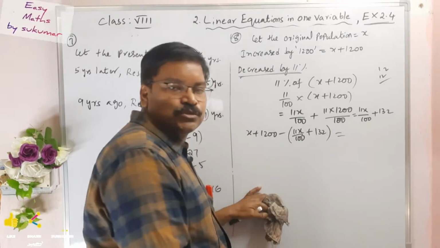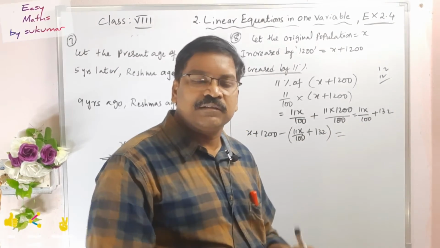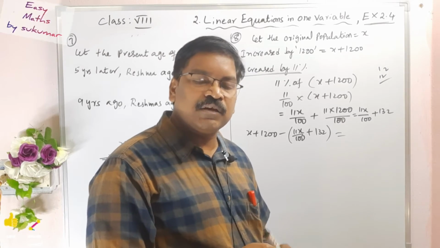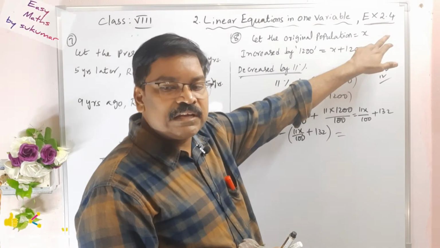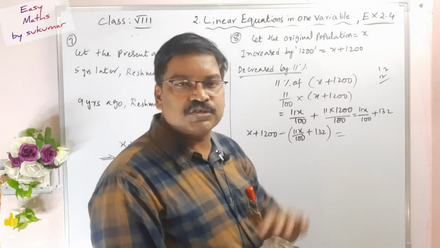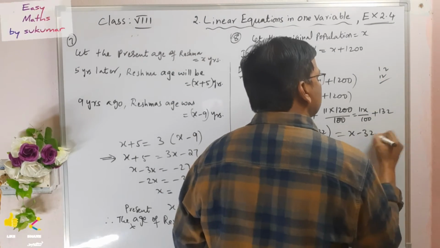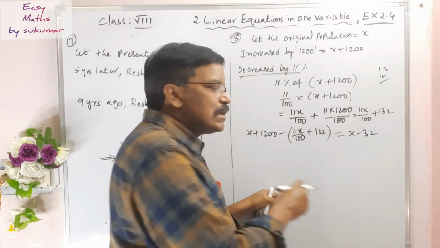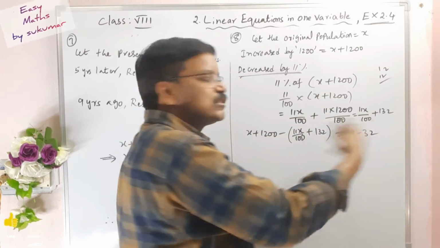This new population is equal to 32 less than the original population. Before it increased by 1200, the original population is x, so this is equal to x minus 32. That means 32 less than before the 1200 increase, that is x minus 32.